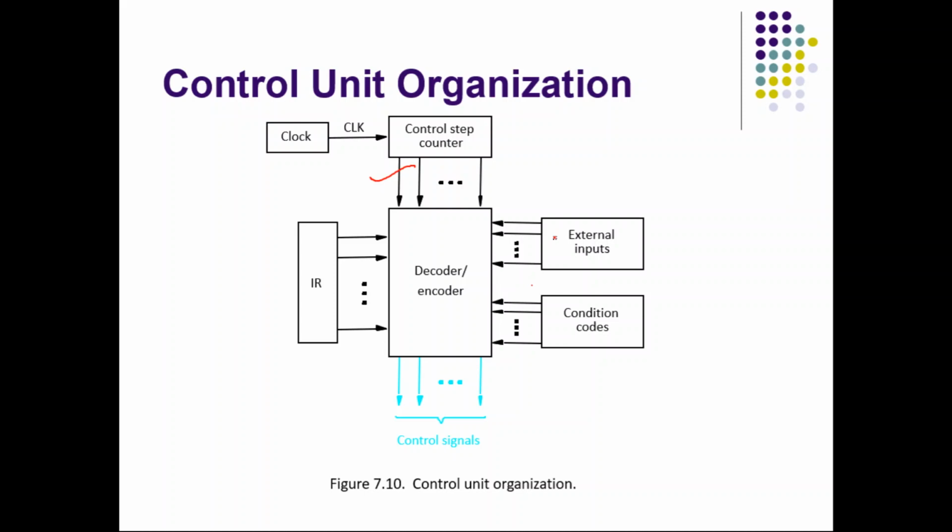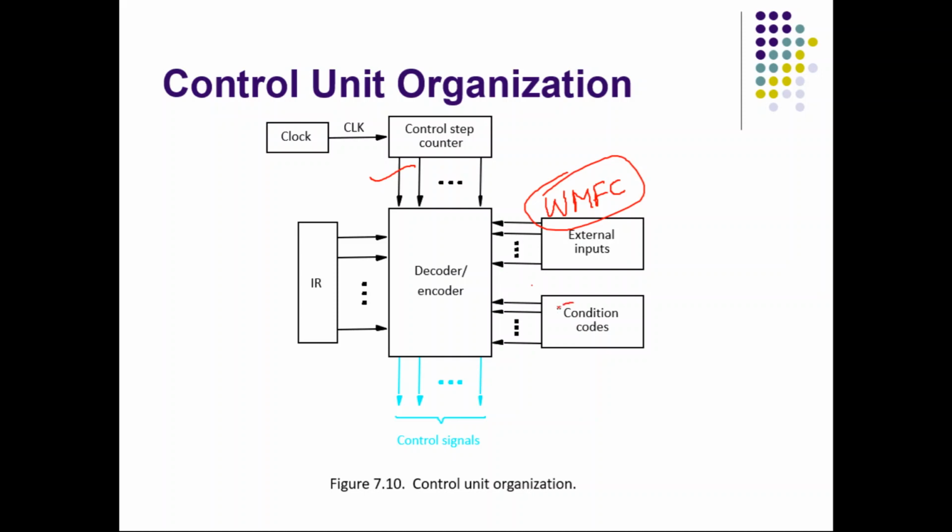It includes interrupts, and also it includes MFC. In the last class we have discussed MFC, memory function control, right? Complete memory function complete, whether the memory function is completed or not. WMFC, wait for memory function to complete. So when the memory function is completed, that also will give a signal to the decoder or encoder logic.